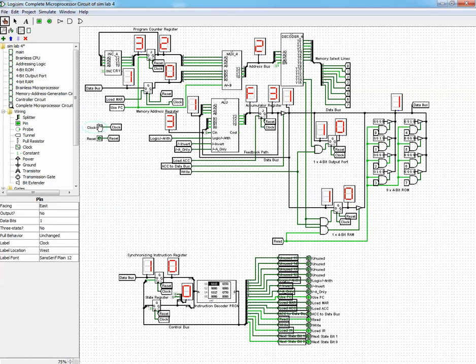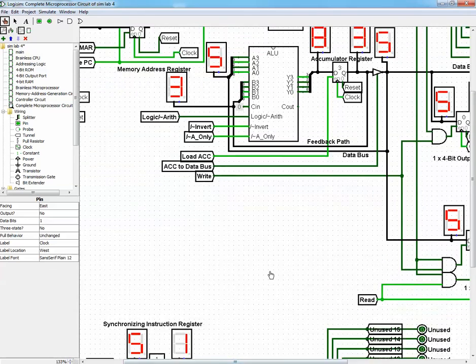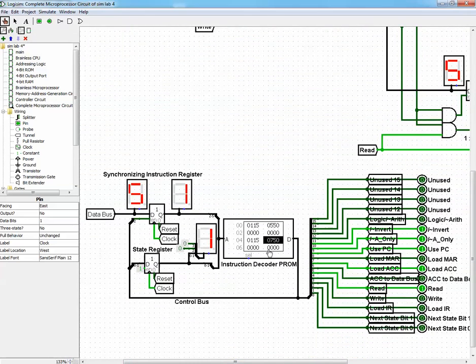So right now we are in state 0004. Okay, let me zoom it in. Which corresponds to the 0750, which corresponds to the add to the ACC.